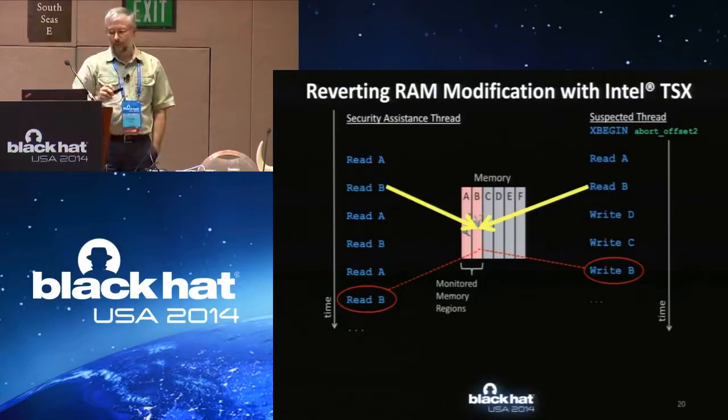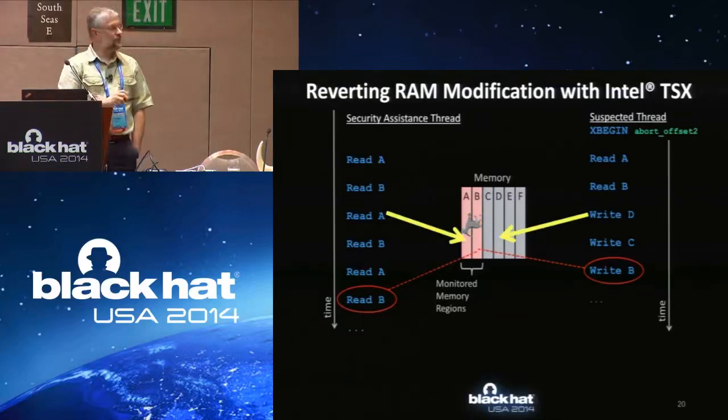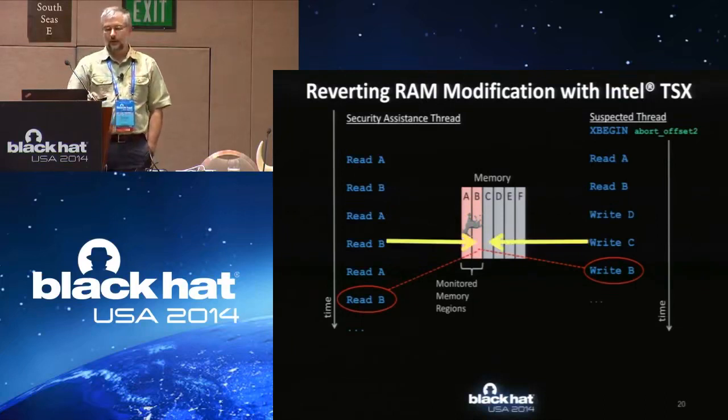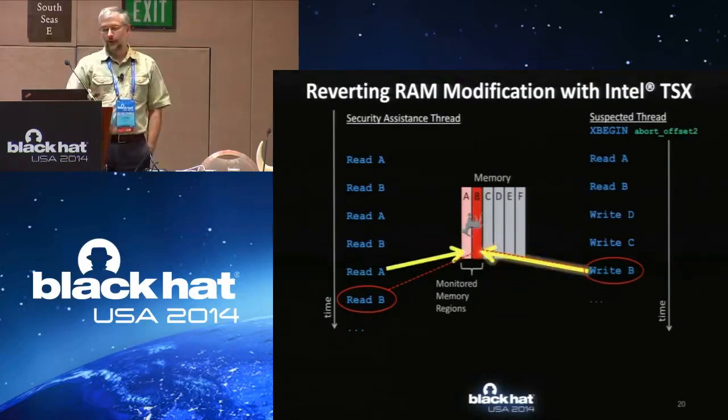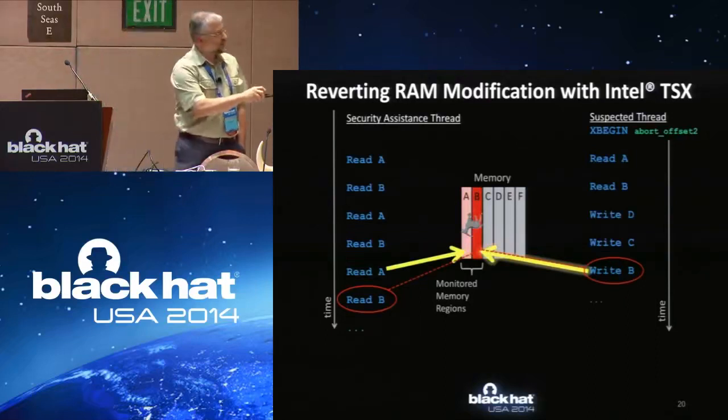And that suspected thread does a write to a different cache line, called D in this slide, then to C, and then to B. B is what we want to protect.